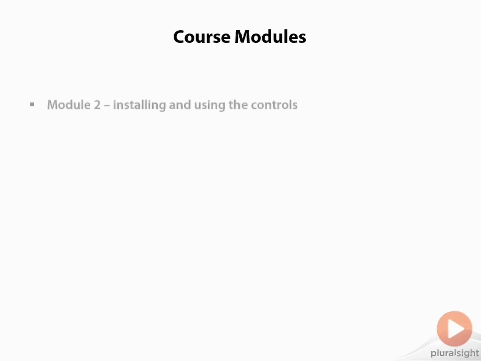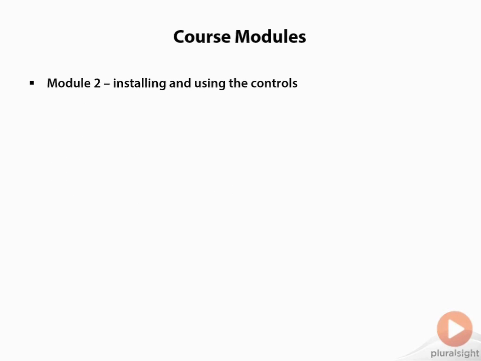In Module 2, I will show you how to install the Kinect Interaction Toolkit and create your first application using Kinect Interaction. I will show you the WPF controls in the toolkit and how primary user and primary hand selection works.